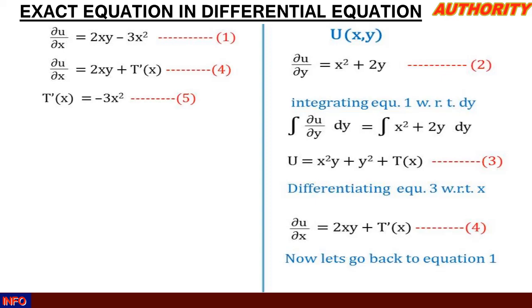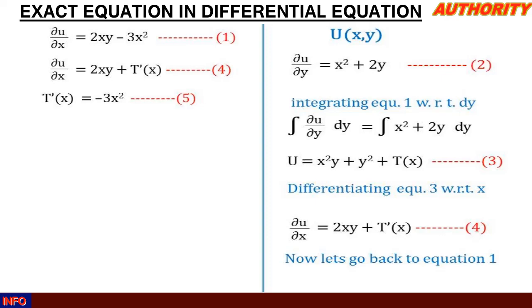When we started, we were looking for just t of x. But now what we have is t prime of x, that is to say that the t of x that we have is in a derivative form. So for us to find the t of x we are looking for, we have to remove the derivative.